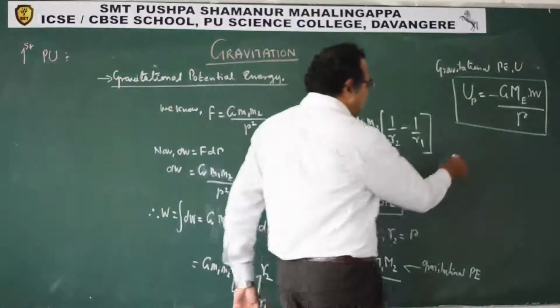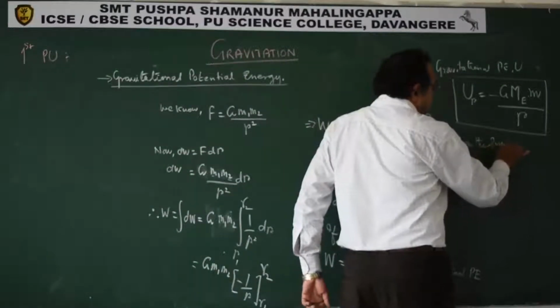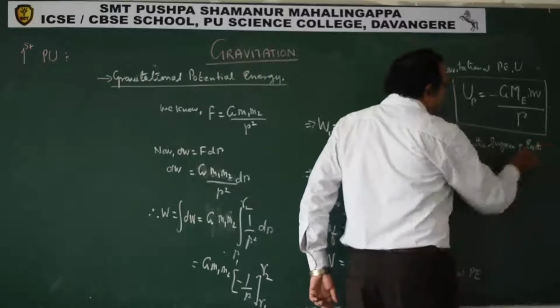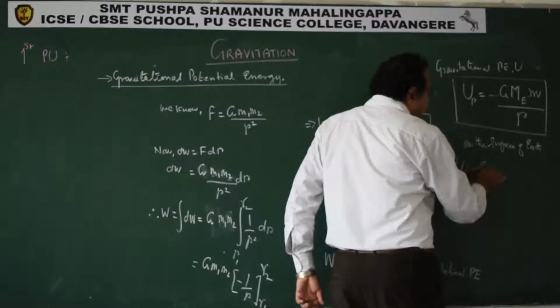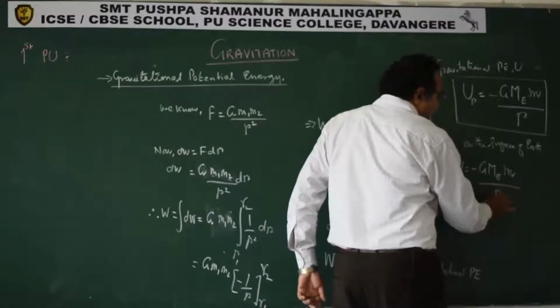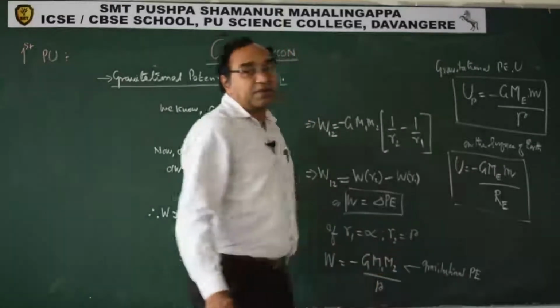Now on the surface of earth, U will be minus G, mass of earth, mass of the body, and radius of earth. This is the gravitational potential energy.